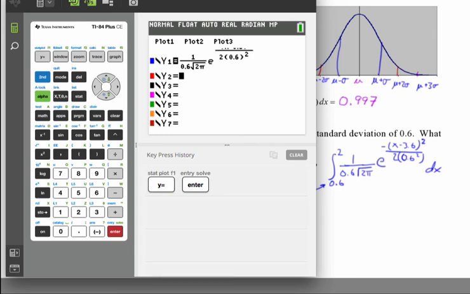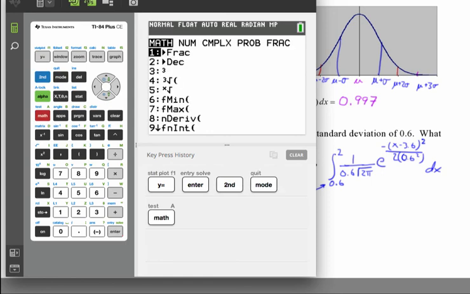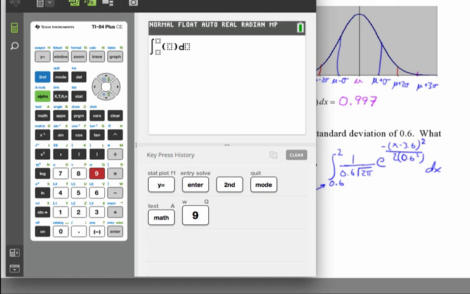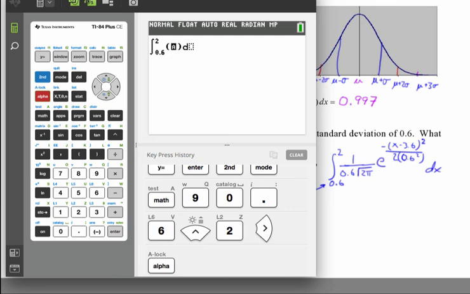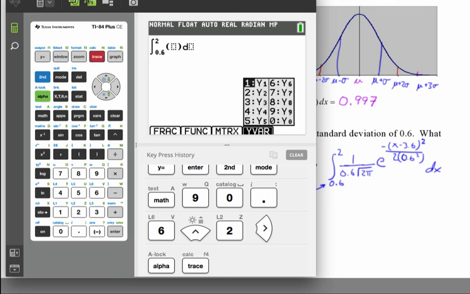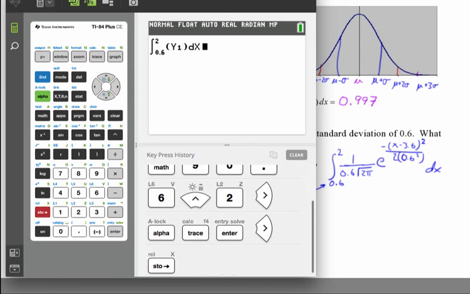So if we go back to the home screen, we'll go math 9, we're going to go 0.6, and then up to 2, and then we need to put our y1, so I'm going to press second, then the trace button, and we can get our y1 that way, then x, hit enter, and it's quite a small number as we expected.